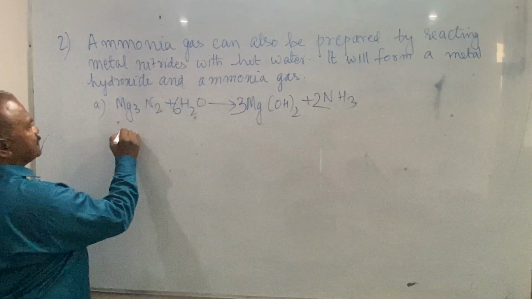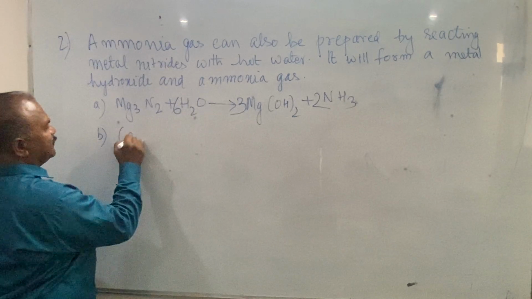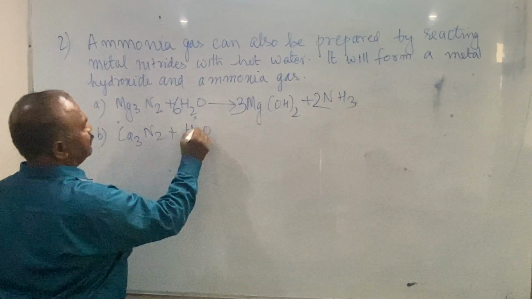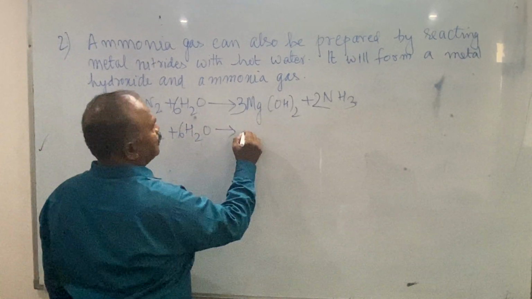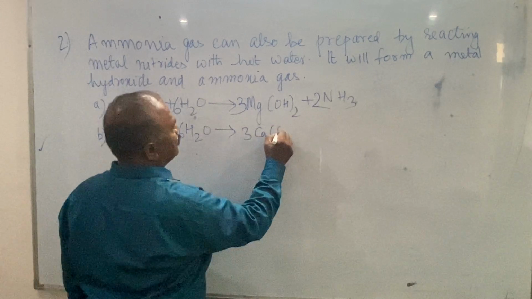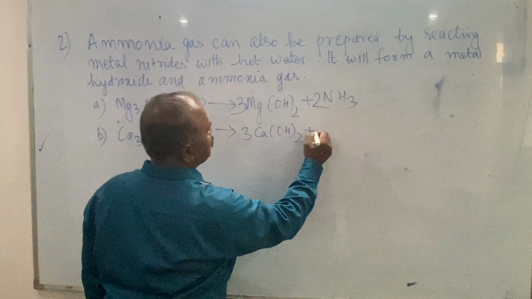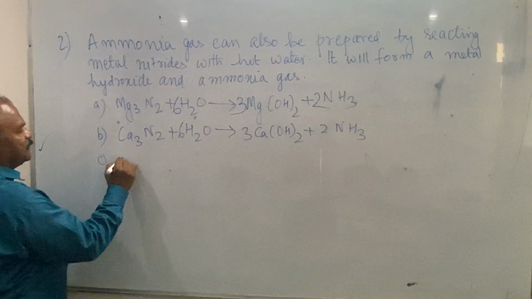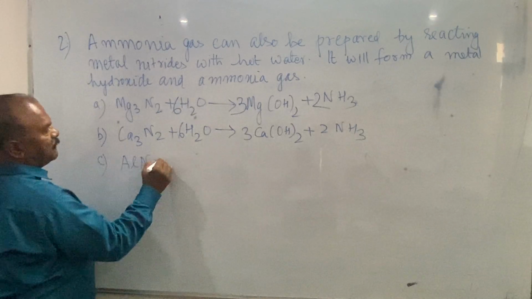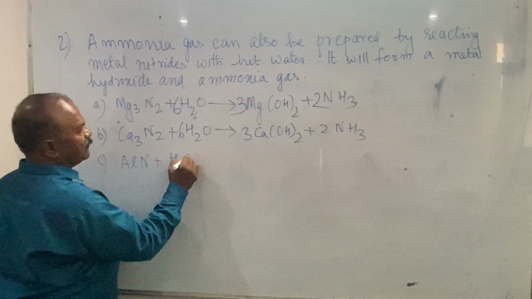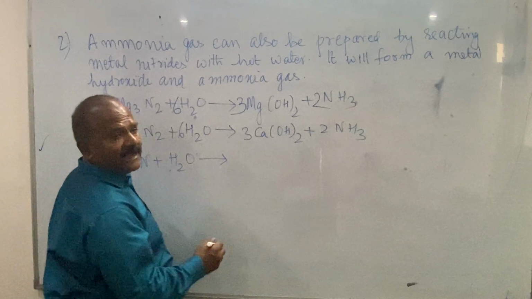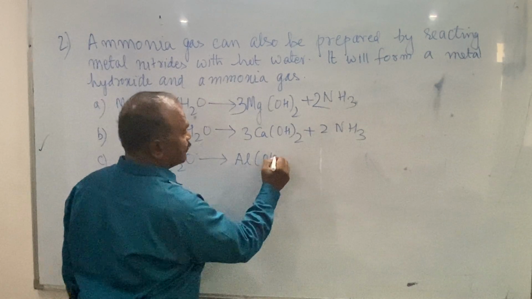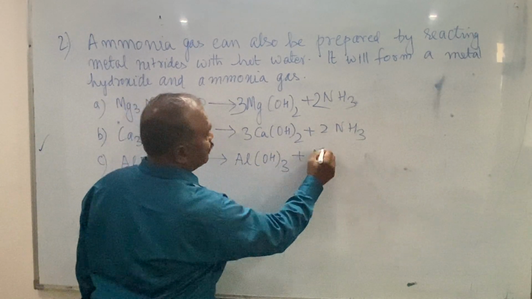Then another one is calcium nitride, Ca3N2 plus H2O, same thing, gives 3 Ca(OH)2 plus 2 NH3. And the third one is aluminum nitride, AlN plus H2O, which will give aluminum hydroxide, Al(OH)3, plus ammonia.